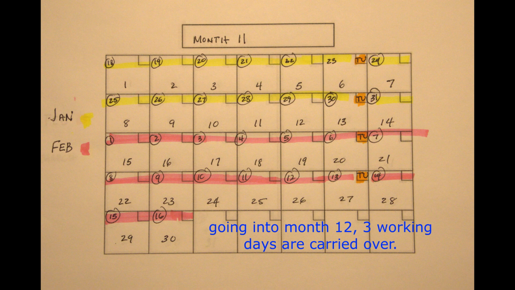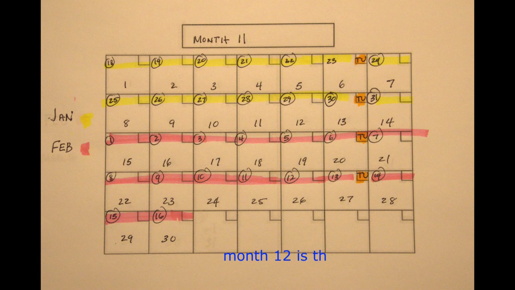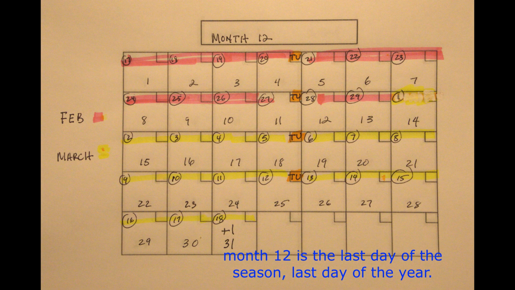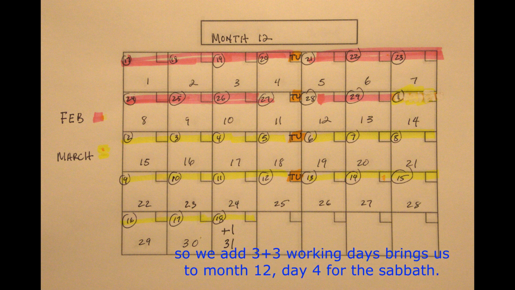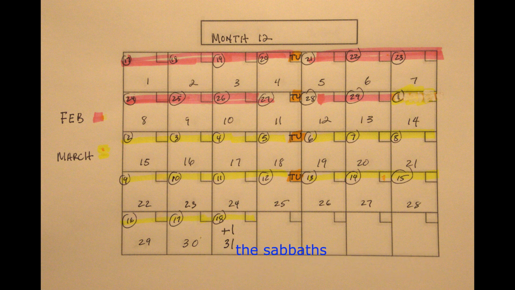Going into month 12, 3 working days are carried over. Month 12 is the last month of the season and the last month of the year. So we add 3 plus 3 working days, which brings us to month 12, Day 4 for the Sabbath. The Sabbath days for month 12 are Day 4, Day 11, Day 18, Day 25.